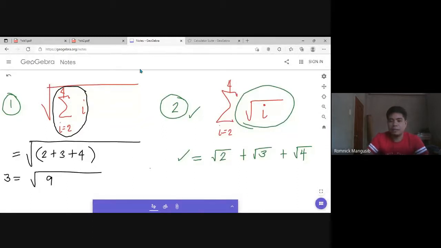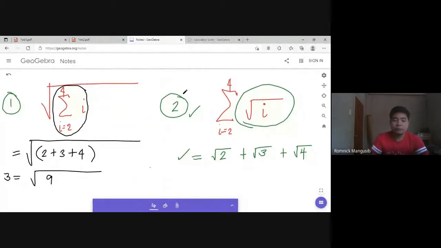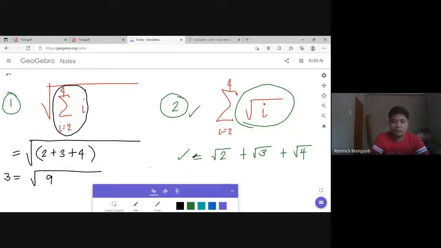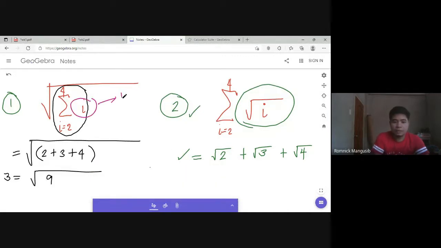Tandaan nyo ito, class, let me use other color. Itong I na ito, this serves as formula. Kung ano nakikita mo daw dyan, na summation of I squared, summation of 2 plus I, ganyan, formula ang tawag mo doon. So this one is also the formula. We call that as formula, so ibig sabihin, formula or function. Yan daw ang susundin mo.